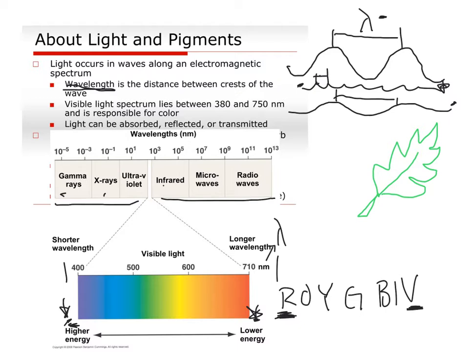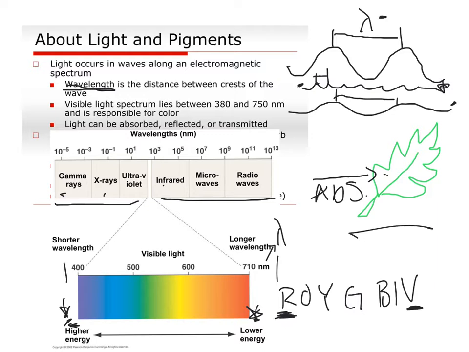The other thing that's important to know is that when light waves arrive someplace, there are three possibilities of what can happen to them. So I've drawn a little leaf here. You can have light hitting a leaf and it being absorbed, right? If it's absorbed, it stays right here in the leaf.